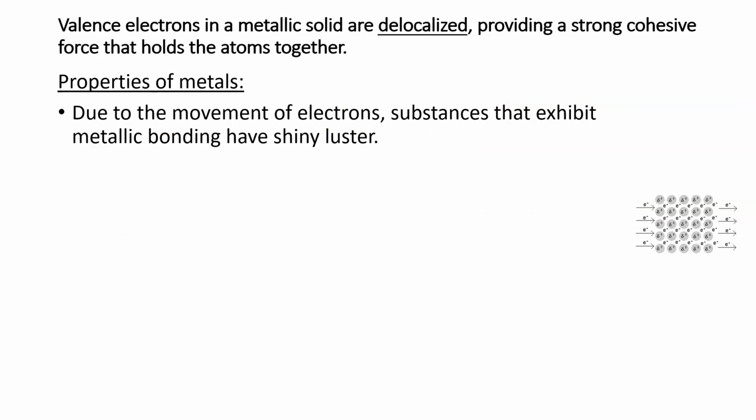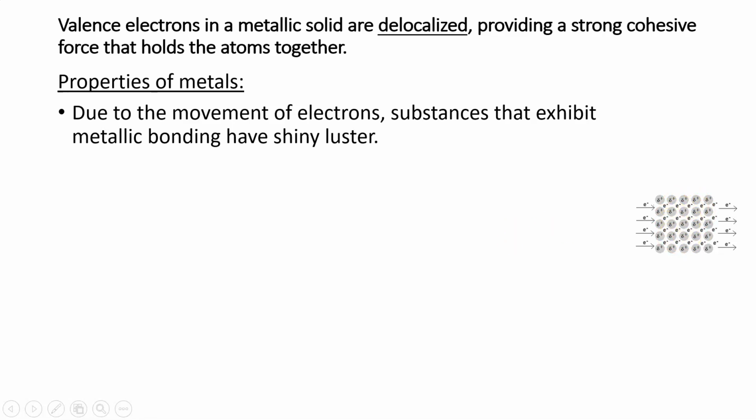The valence electrons in a metallic solid are delocalized. They provide a strong cohesive force that holds the atoms together. So those electrons that are freely flowing throughout the network hold a strong attraction to the nuclei, and that holds it together in a strong cohesive force.